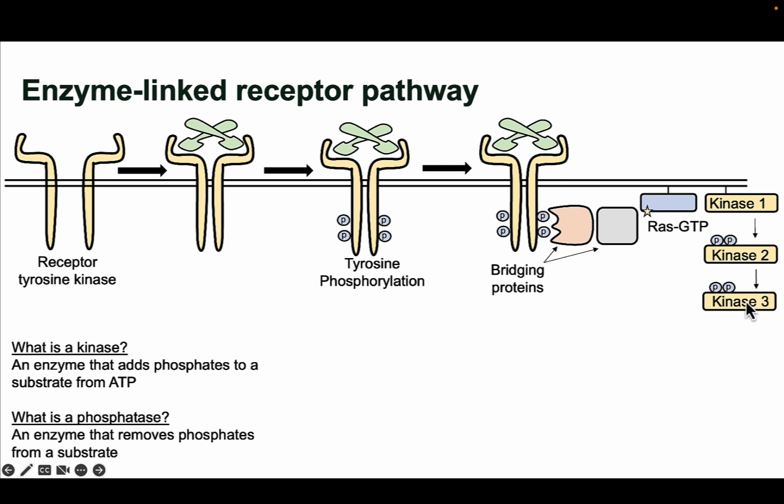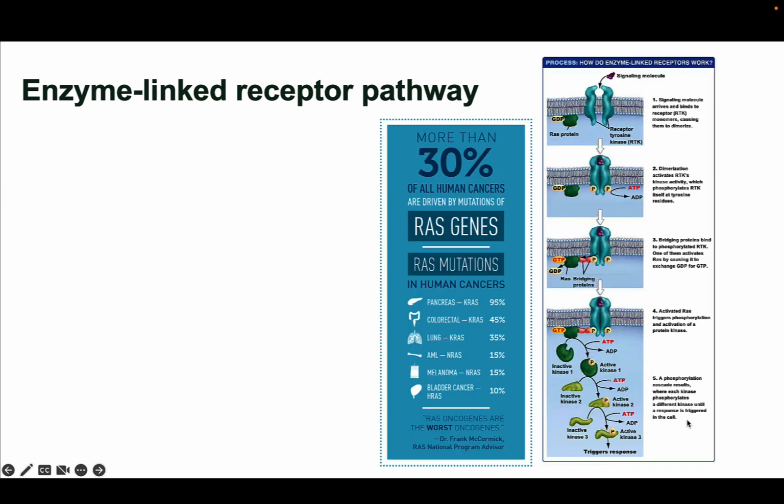That's going to become active and phosphorylate kinase 3, which is active. And this is going to mediate a response. And the response is cells dividing, cells growing. So this is called a phosphorylation cascade because we have these phosphorylation events that occur in succession from one another, and this leads to growth.